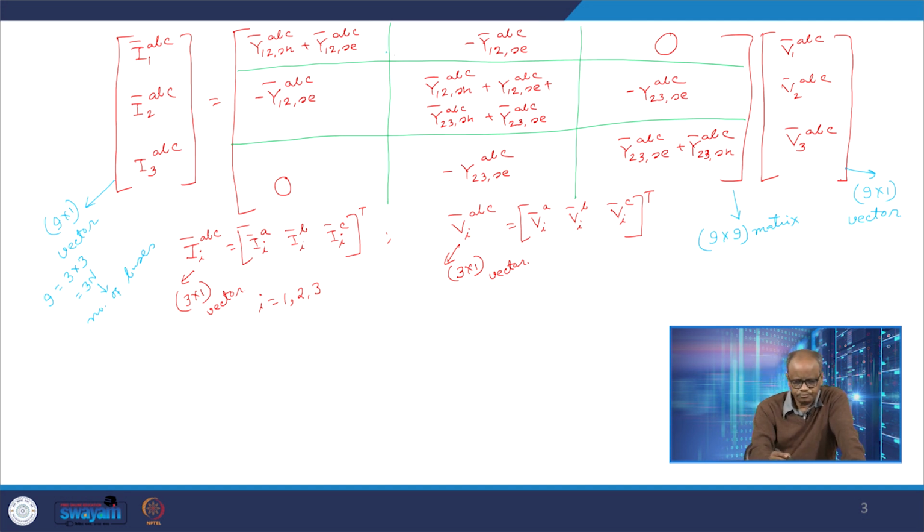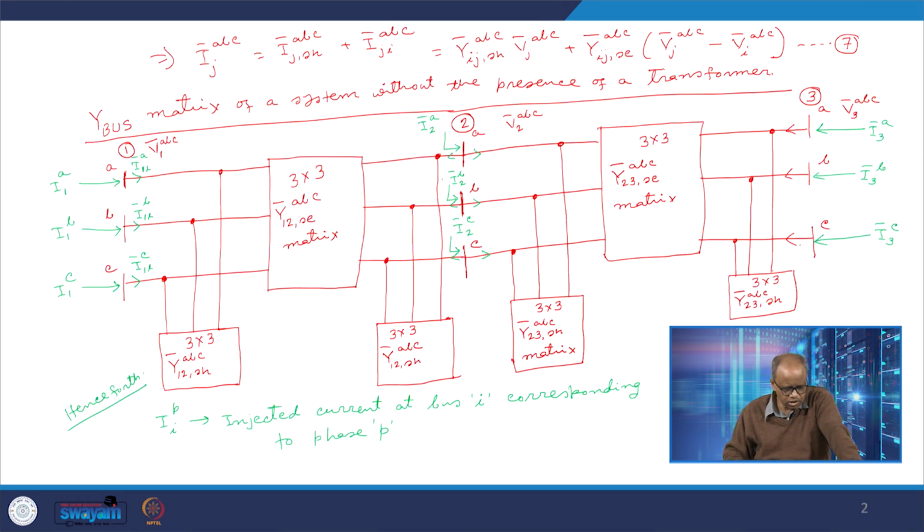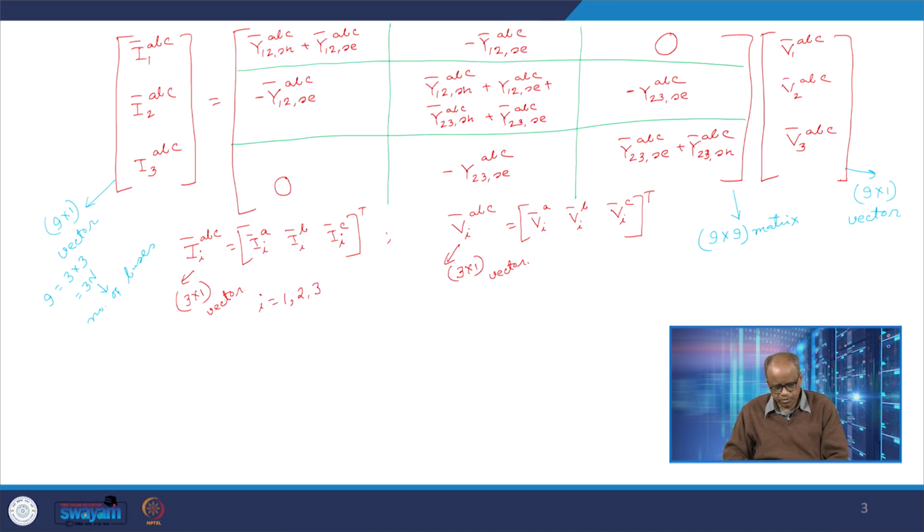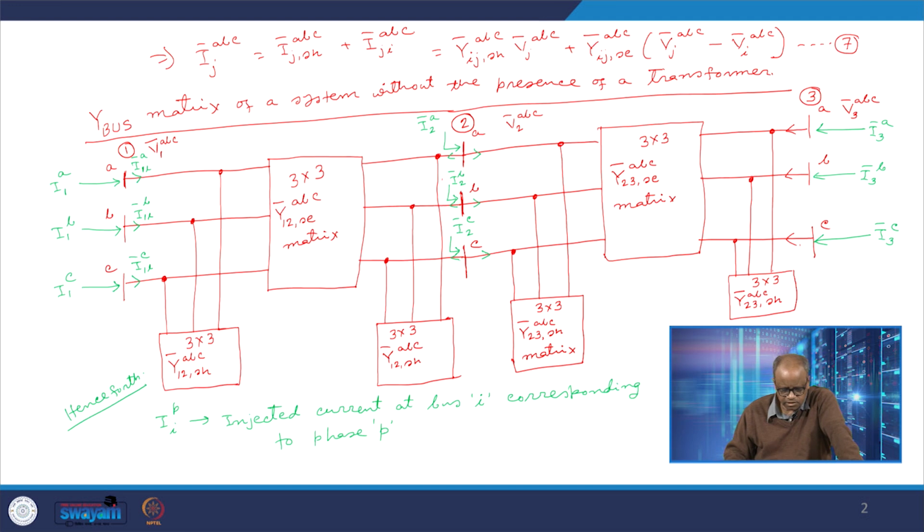And here again we can see the entries. For example, this entry corresponding to I1 ABC and V1 ABC is nothing but the sum total of the 3 cross 3 admittances connected at bus 1. Similarly, for bus 2, this particular block diagonal element is the sum total of the admittances connected at bus 2.